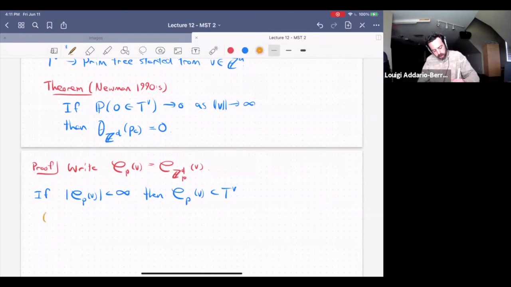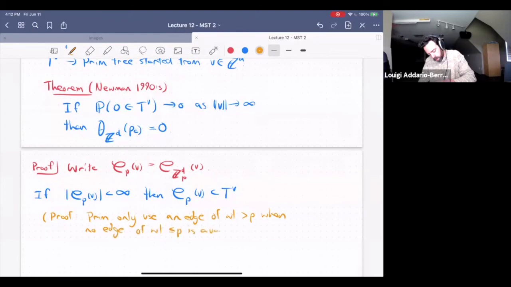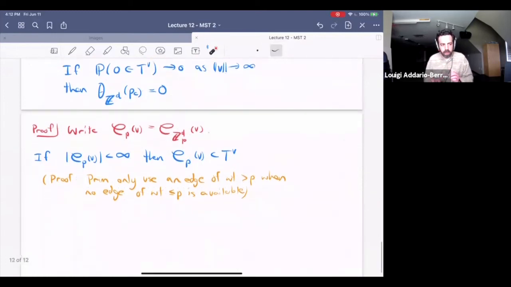So Prim will only use an edge of weight greater than p when no edge of weight at most p is available. But all the edges in this component have weight less than p. So Prim's algorithm started from v will first add a spanning tree of C_p(v), and then it'll be forced to add some edge leaving C_p(v) to the rest of the graph.